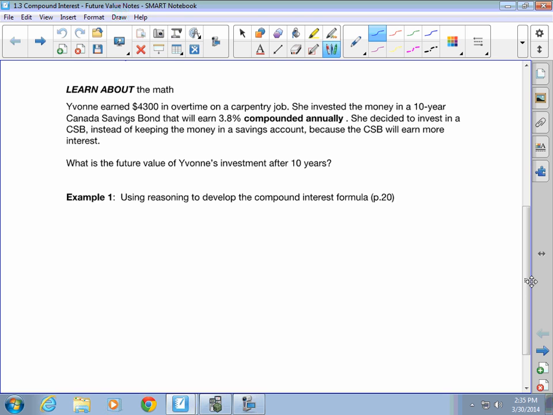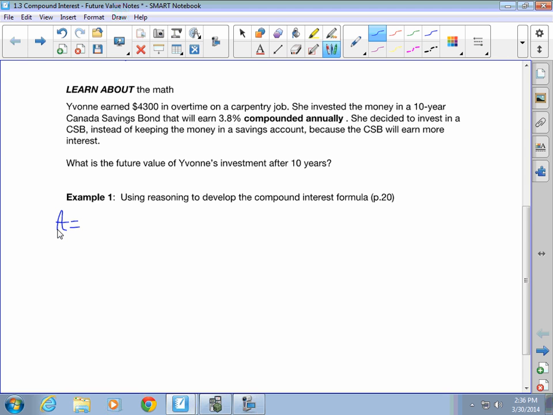From the last section, we know that our A value is going to tell us the amount that we have, or that we will earn. We had two formulas that we looked at when we were calculating interest. One of those was the simple interest formula, I is equal to PRT.